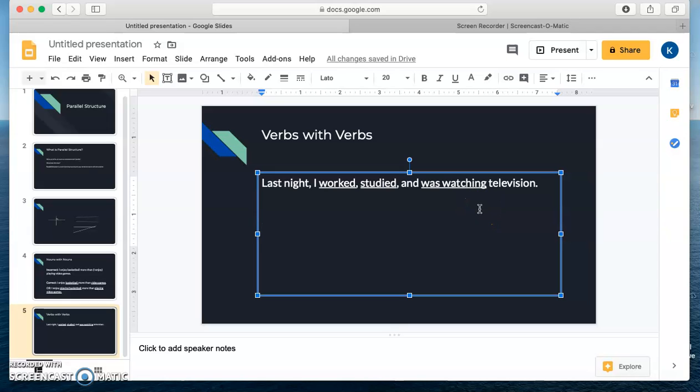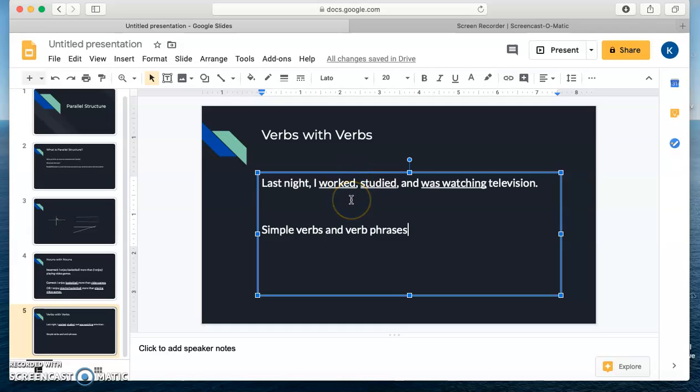Now let's consider the breakdown of these verbs. We talked about verbs way back earlier in the semester, a couple of months ago, and we talked about how we have what we call simple verbs and verb phrases, did we not? Well, worked is just a simple verb, right? I worked. We have it in the simple past tense.